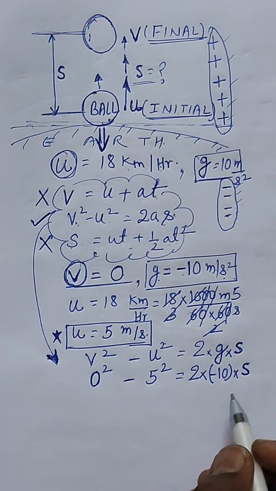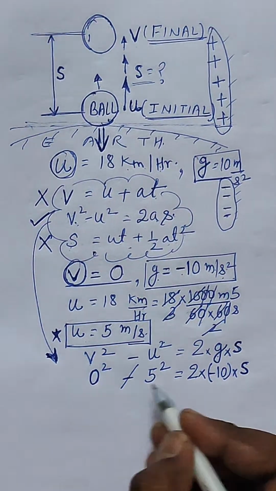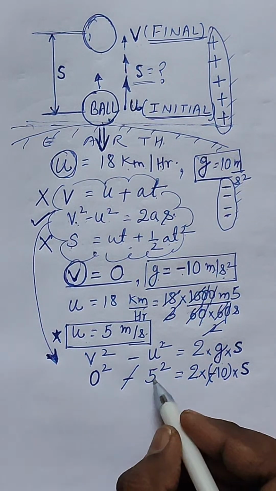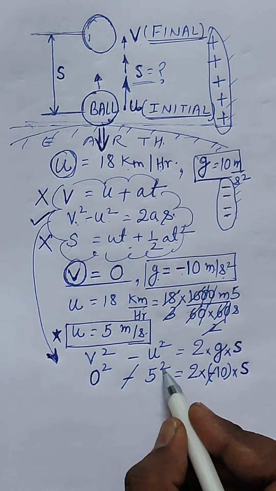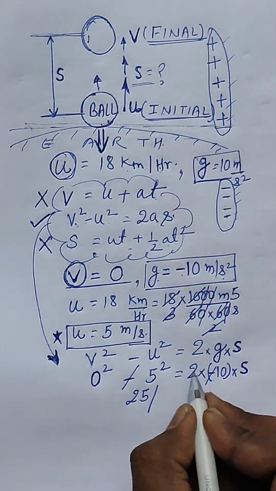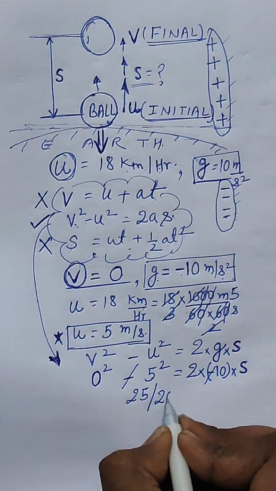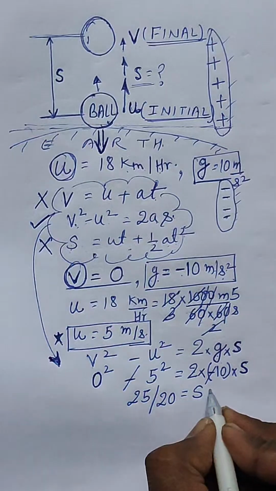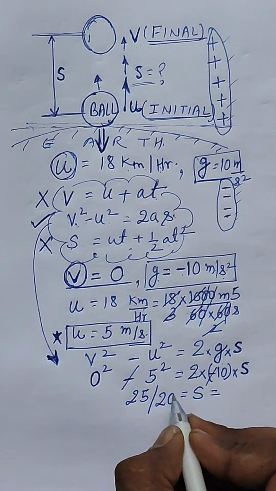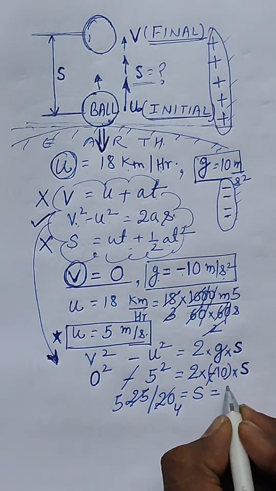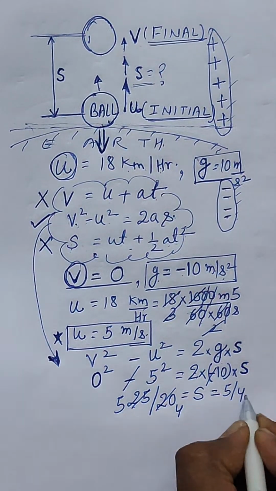Now when you solve it, first of all you can cancel this minus and this minus, right? Then 5 into 5, 25, right? So it will be 25 divided by 2 into 10, 20. This is the value of the maximum height, and when you solve it, you get 5 by 4.